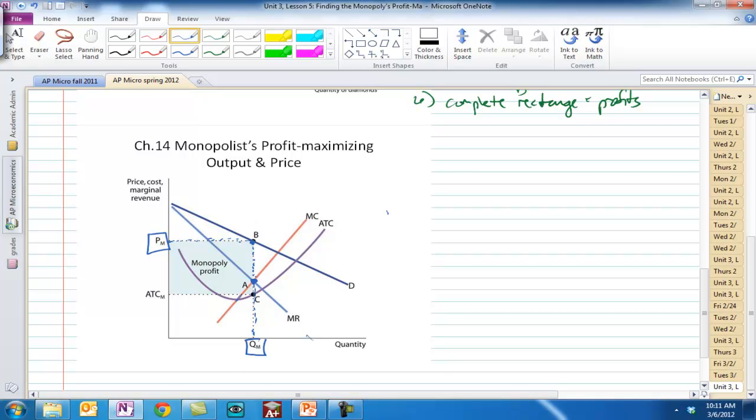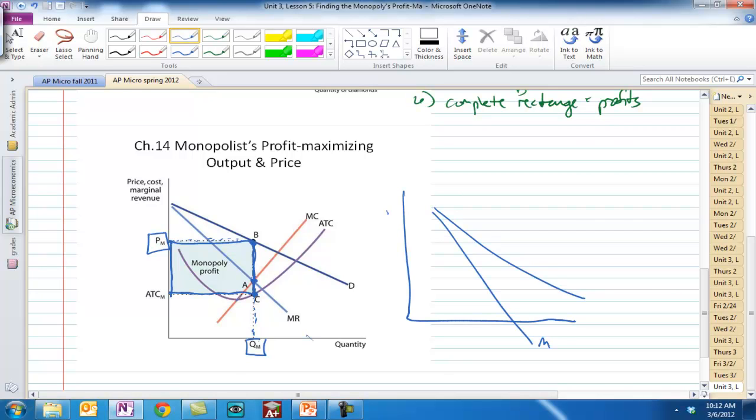Then to find the profit, we go back to the demand curve, extend the line down to the average total cost. So all the way down to C here. And then there is the right-hand side of our profit box. Complete that rectangle to show the area of profit. Often monopoly graphs are drawn where the ATC is above the MC equals MR point.